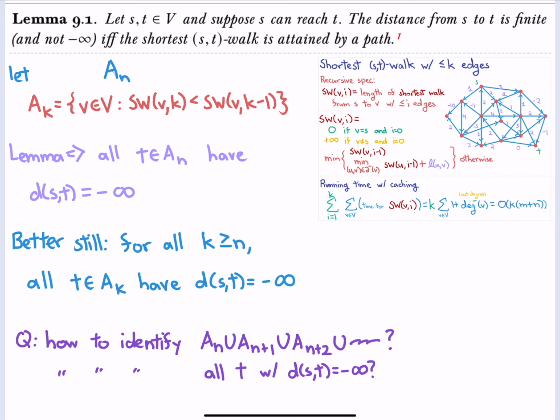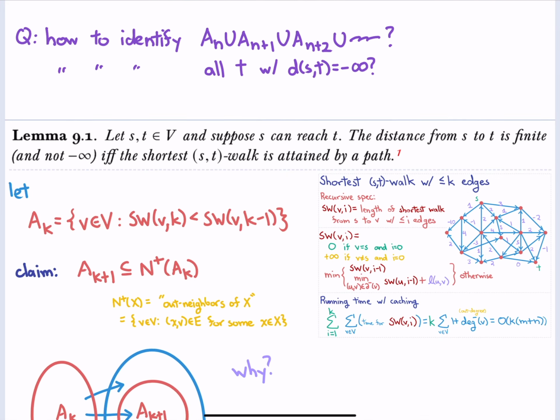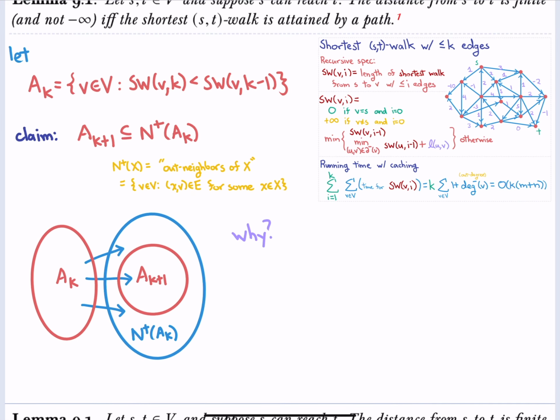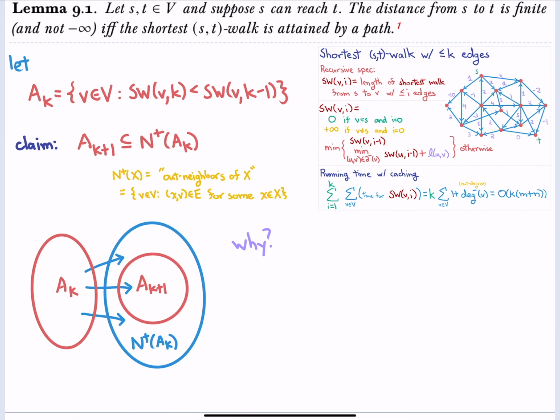Okay, so let's see. All right, so here's maybe a nice simple claim. If I'm looking at the vertices that improved on the 11th edge, and I compare it to the vertices that improved on the 10th edge, I know that every vertex that improved on the 11th edge must be coming from someone who improved on the previous round, right?